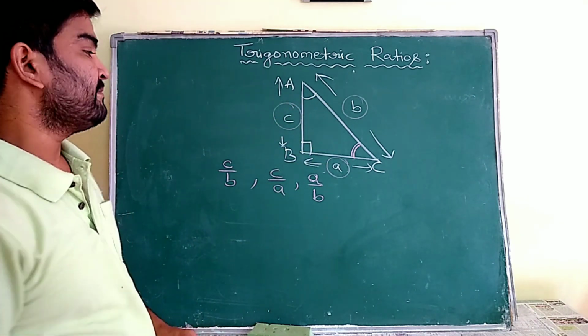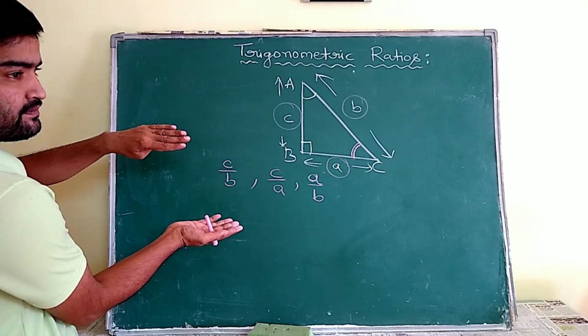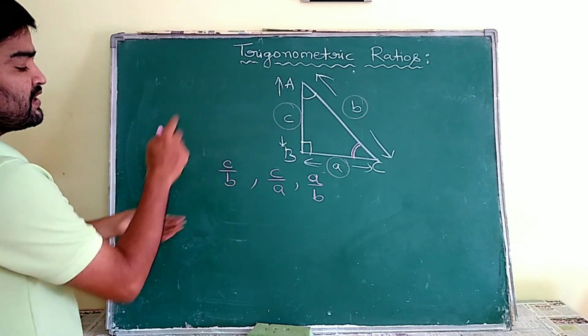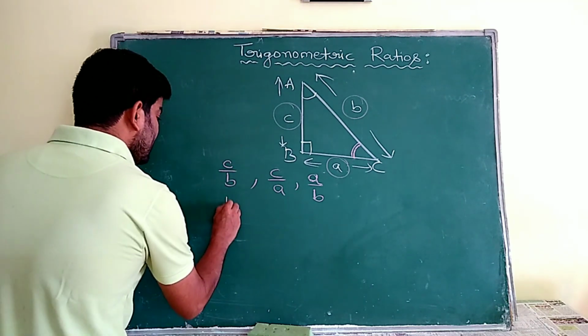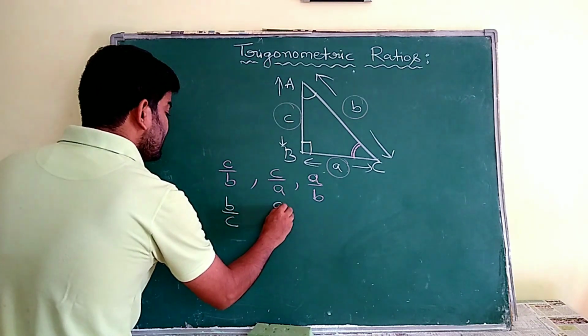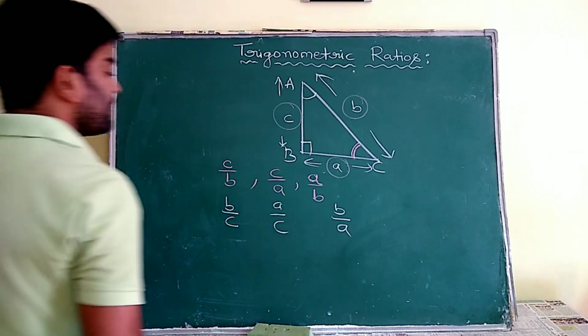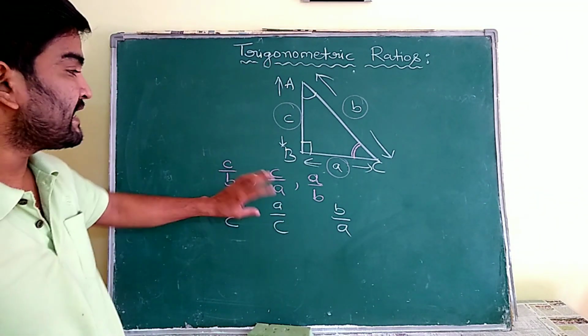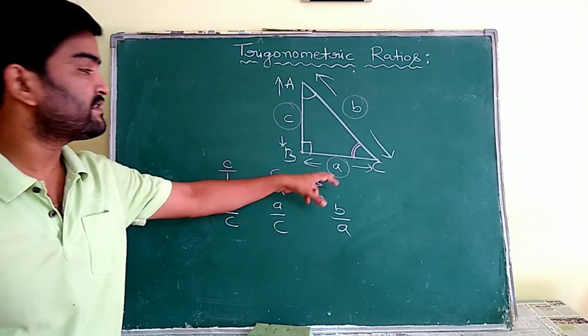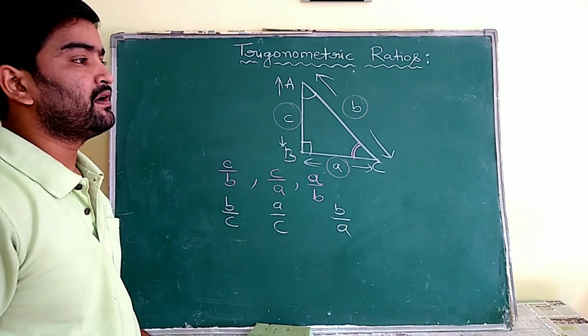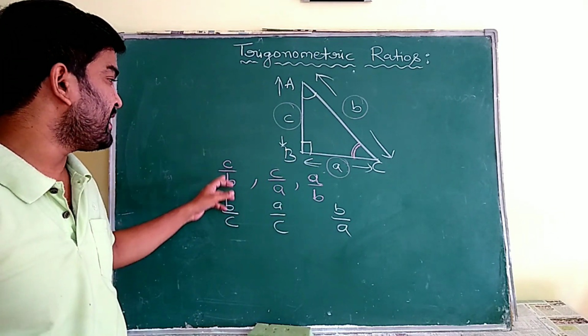Similarly, we may take the reciprocals of these ratios. That means this is b by c, this is a by c, this is b by a. These are the main relations between the sides corresponding to C. What is c by b?